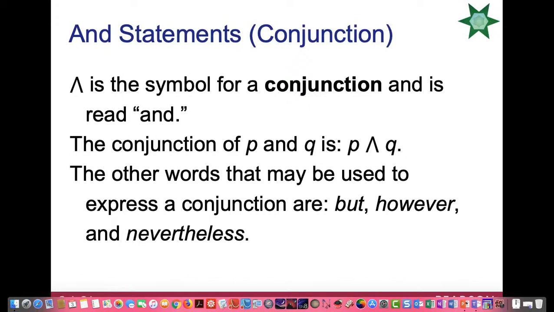The other words that can be used in this conjunction are but, however, and nonetheless. So, I went to the barber, however, the barber didn't cut my hair.